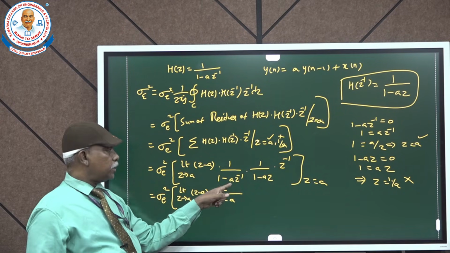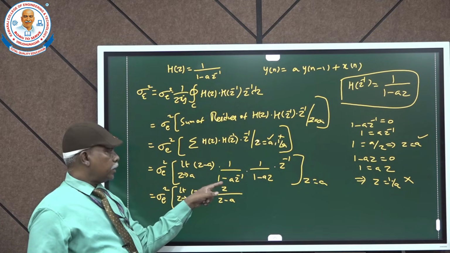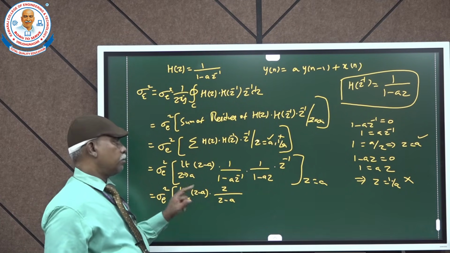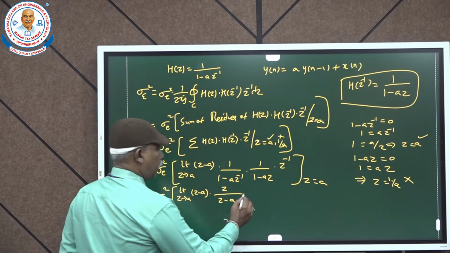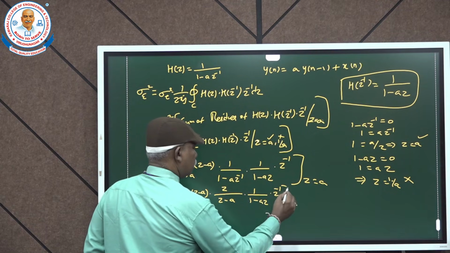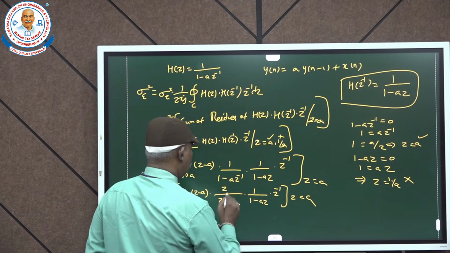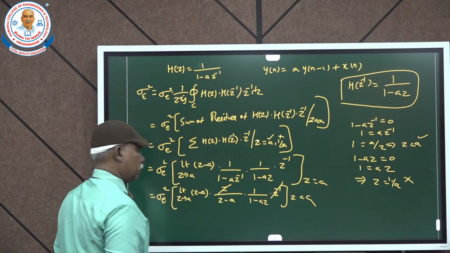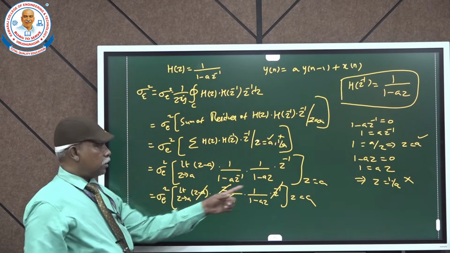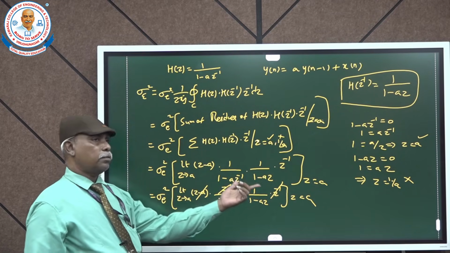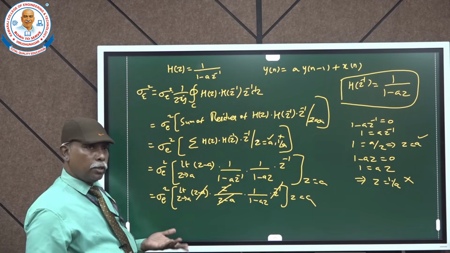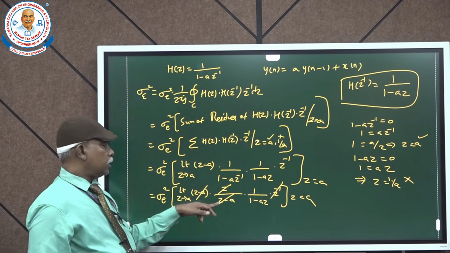I think everyone can understand clearly: 1 by 1 minus a z, into z inverse, at z is equal to a. Now, this z and z inverse cancel, and z minus a and z minus a also cancel. z into z inverse is z power 1, z power minus 1, both give z power 0, which is 1. Then z minus a is cancelled.